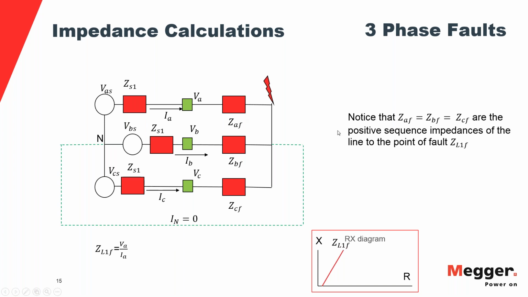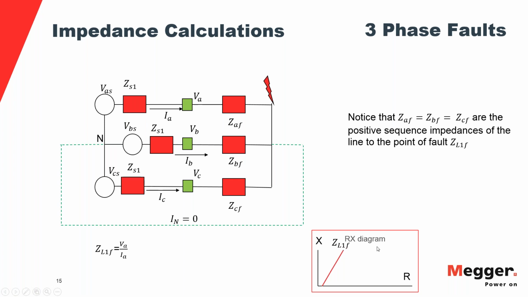Now, the impedances that we're using here, that we are calling ZA to the fault and ZB to the fault and ZC to the fault, are the positive sequence impedances of the line to the point of fault. Okay, now remember, this is a three-phase fault. No unbalance is considered in this case, so we are only considering the positive sequence impedances of the line to the point of fault.